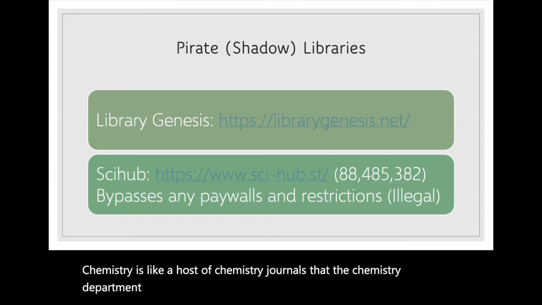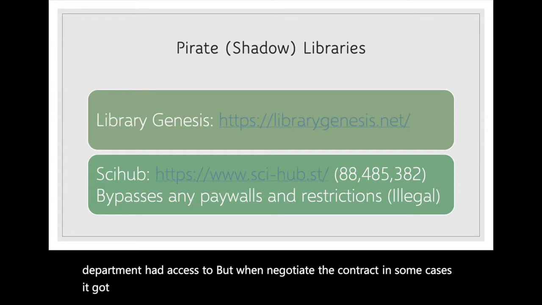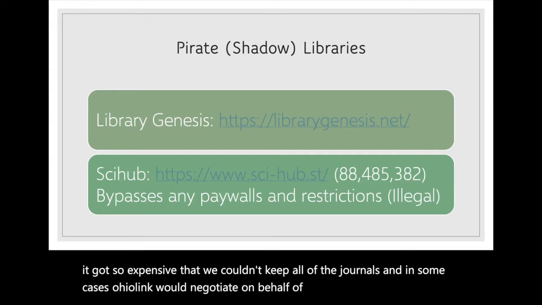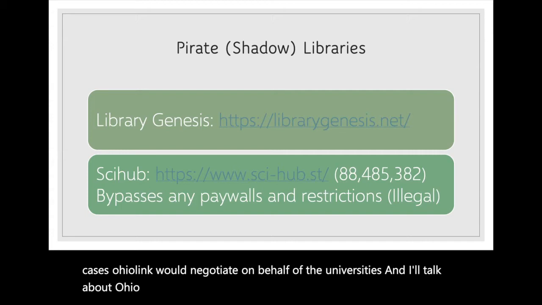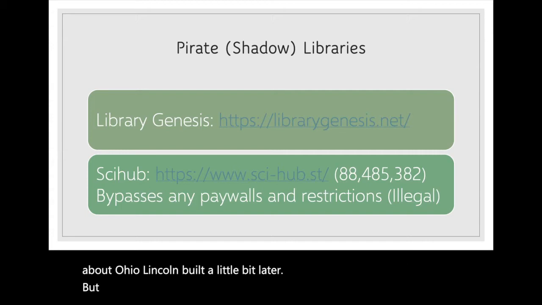But when we negotiated the contract, in some cases it got so expensive that we couldn't keep all of the journals. And in some cases, OhioLink would negotiate on behalf of the universities, and I'll talk about OhioLink a little bit later.